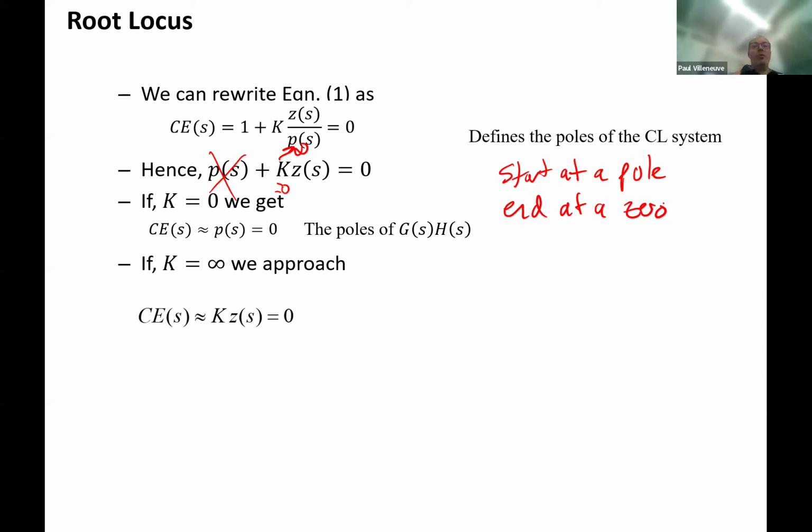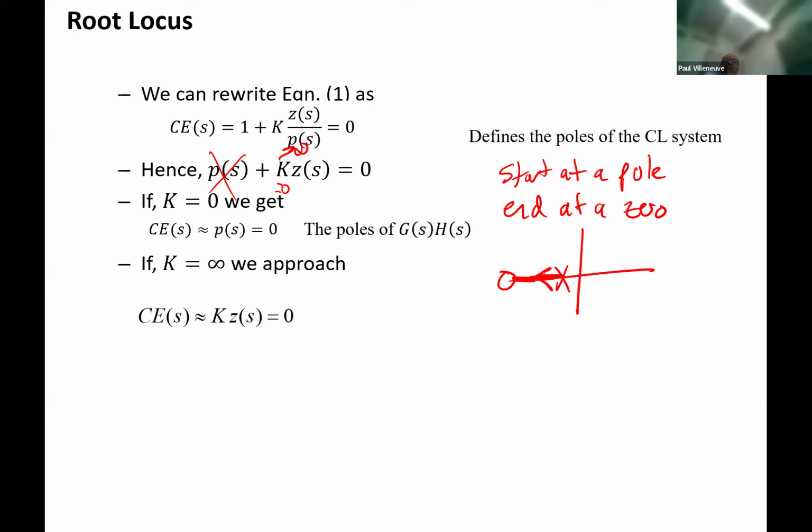Which means whenever we draw a root locus, and I'll draw a simple one over here, that's a pole, that's a zero. We're going to start at our pole, and as k increases, we end up going to a zero.